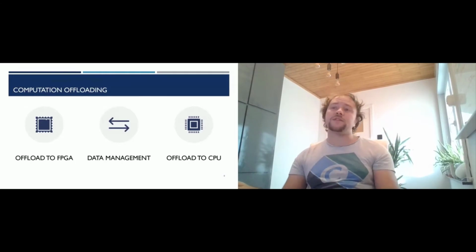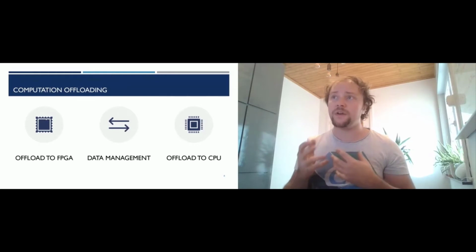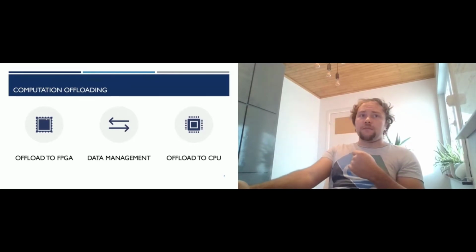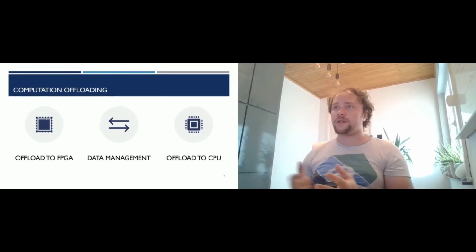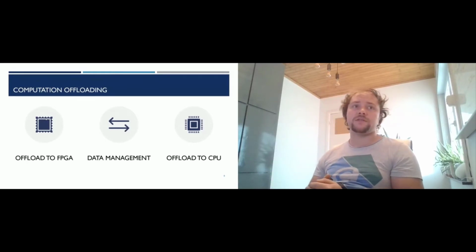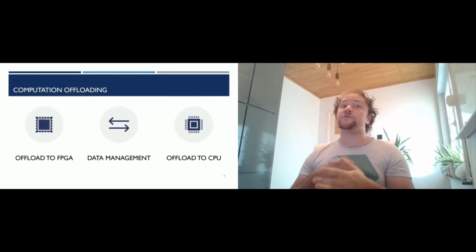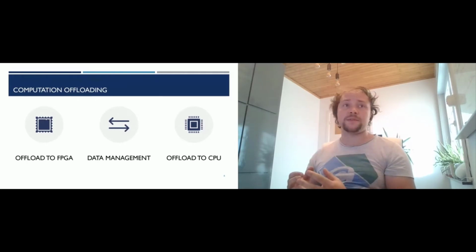So first of all, offloading to the FPGA. Within this example, this arrow mainly focuses on computational tasks itself rather than the data flow. Most often when doing computing acceleration, you'll do these three steps. You load the data to the FPGA, you do computational tasks which are heavily optimized for the FPGA.